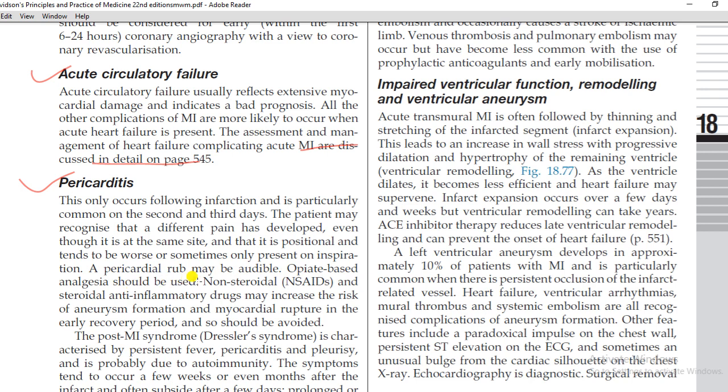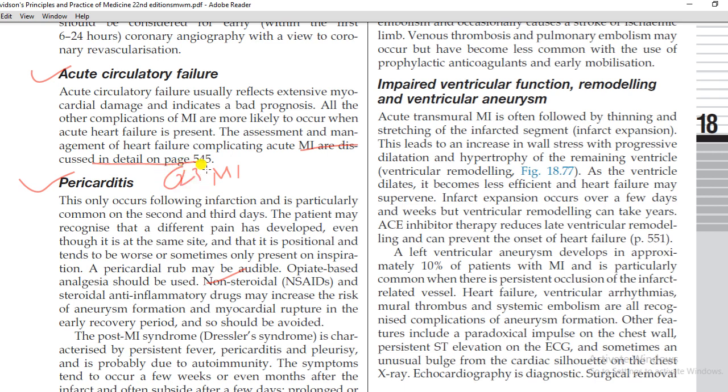Opiate-based analgesia should be used. Non-steroidal and steroidal anti-inflammatory drugs may increase the risk of aneurysm formation. Again, pericarditis is particularly common on the second and third days of a myocardial infarction.